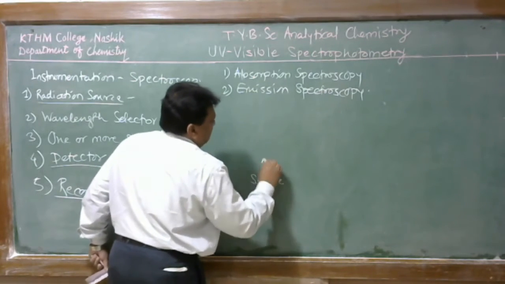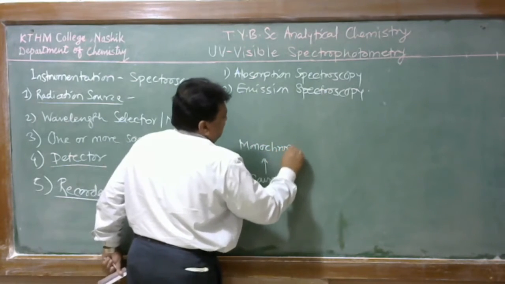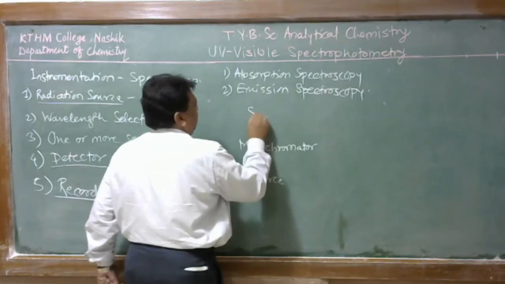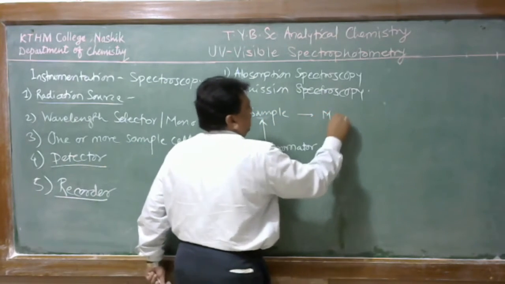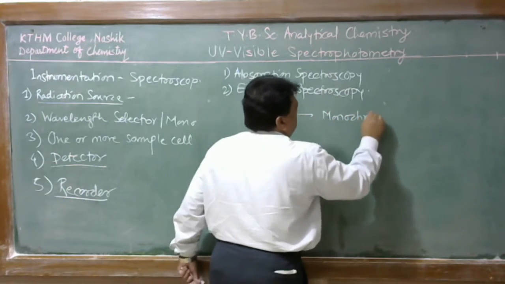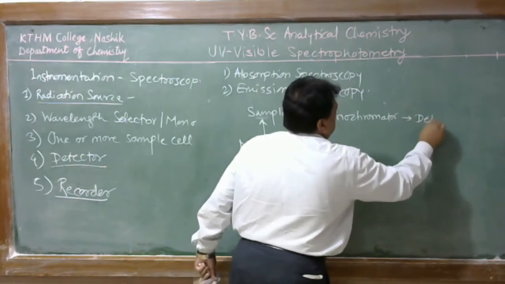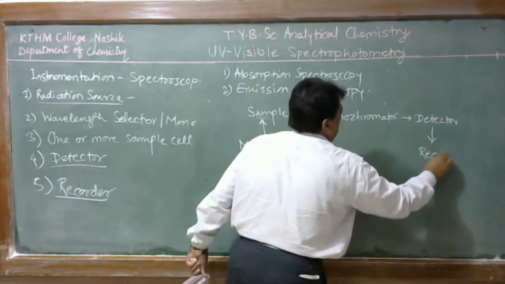From this source, monochromatic radiation is selected by a monochromator. Then here a sample, then again a second monochromator, then a detector, or sometimes that may be a recorder.